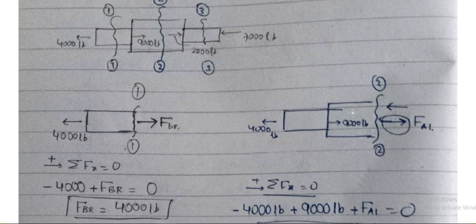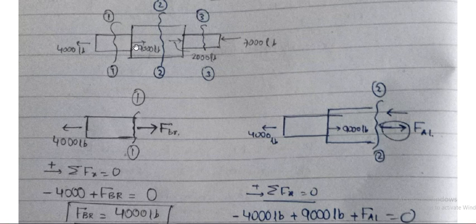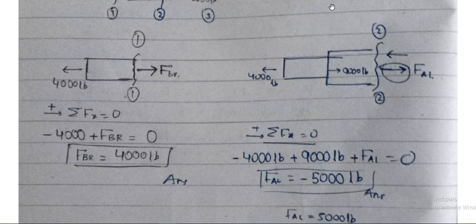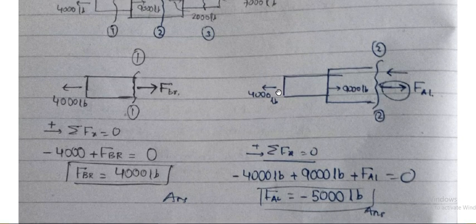Similarly, for the second section, we can see that either you take the leftward portion of the section, or the rightward portion of the section. It doesn't matter at all. I've taken the leftward section and all the axial loads that were given in the question, 4000 and 9000 lb, and then I assumed the direction of FAL to be rightward.